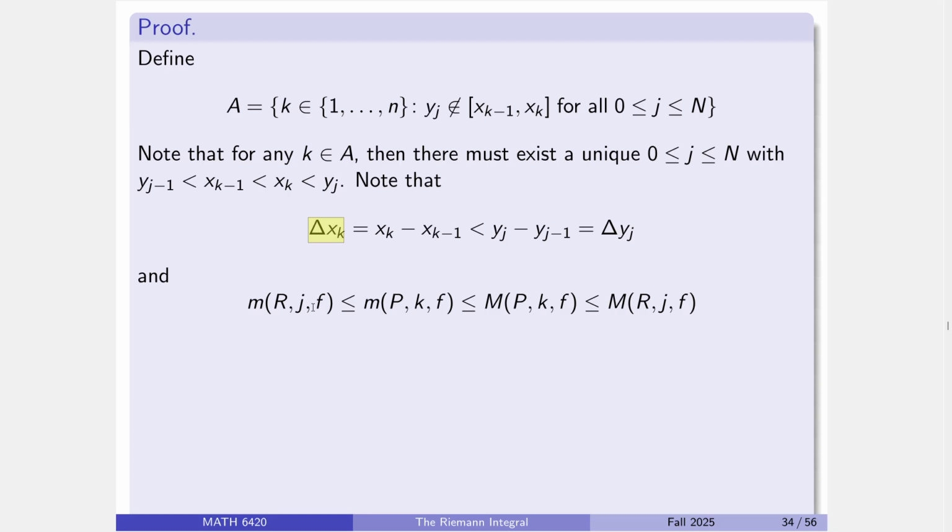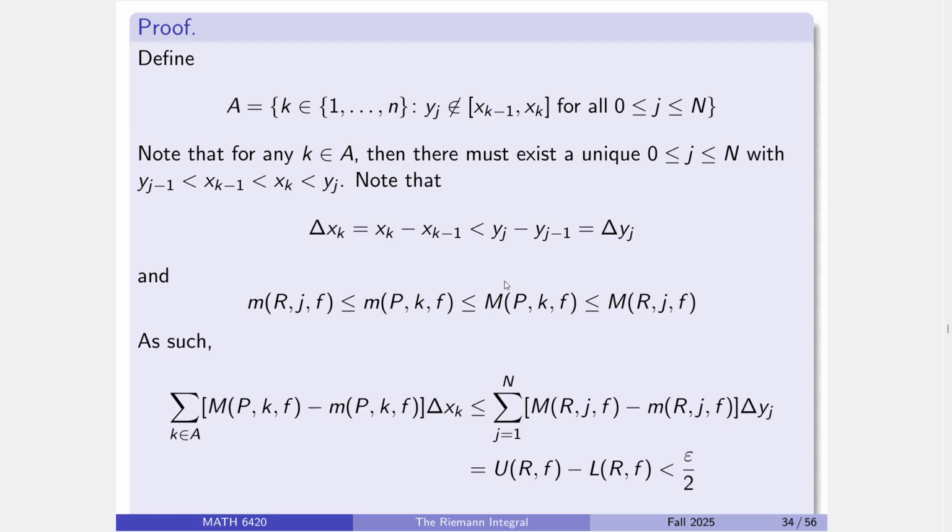So the infimum can't get any bigger. It either equals it or maybe it got smaller because we threw away more stuff. And likewise for the sups.